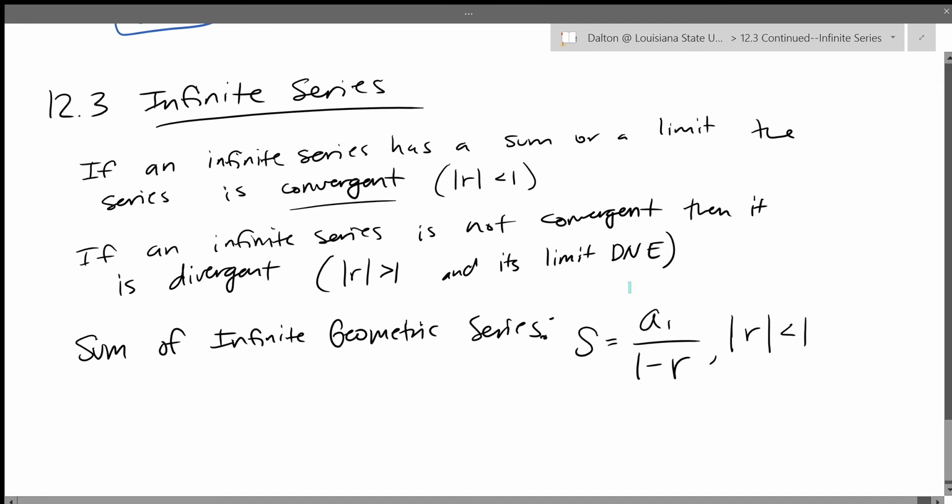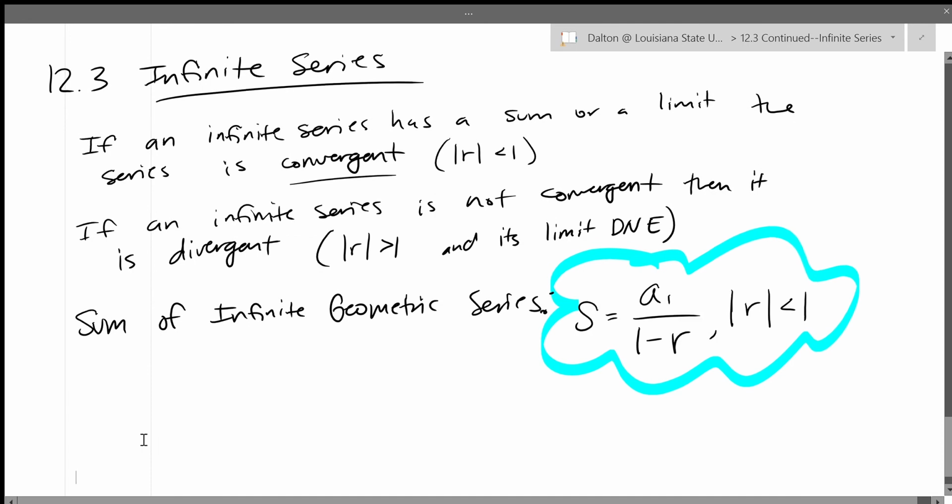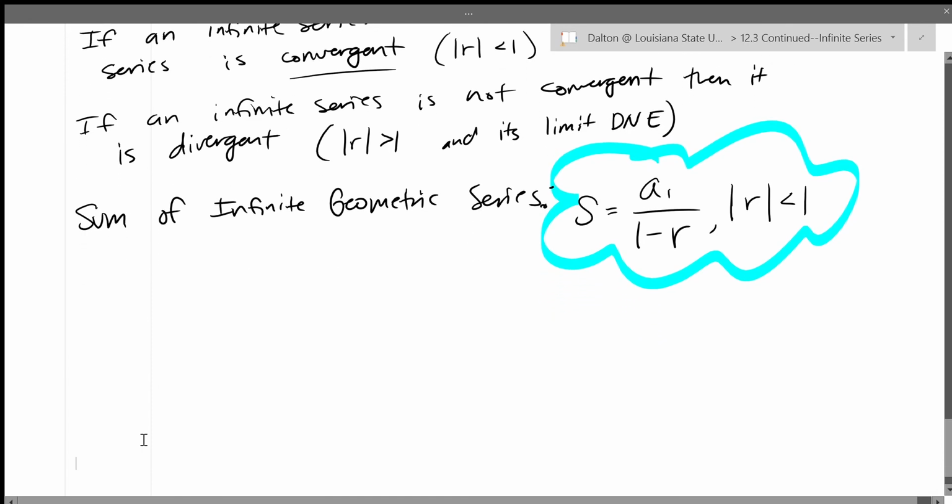And notice this is not like S sub n. It's not summing the first 10 terms. It's summing the entire doggone series, which is crazy because it's infinite. So how can we add together all those infinite things? Well, here's how.